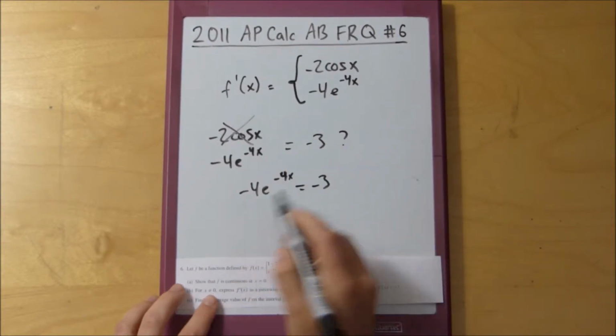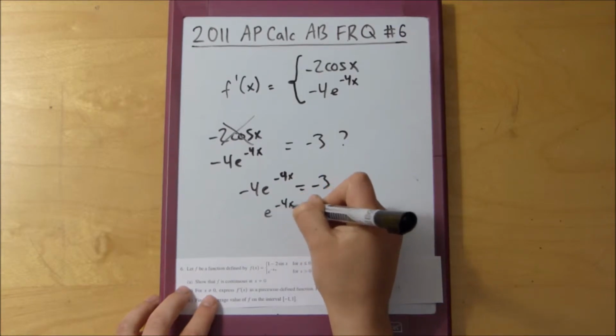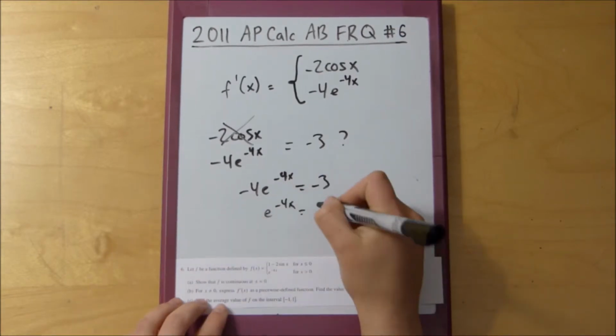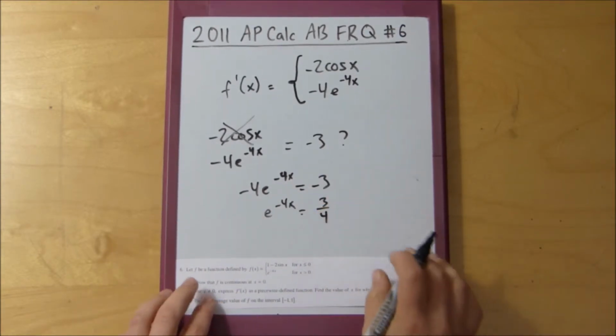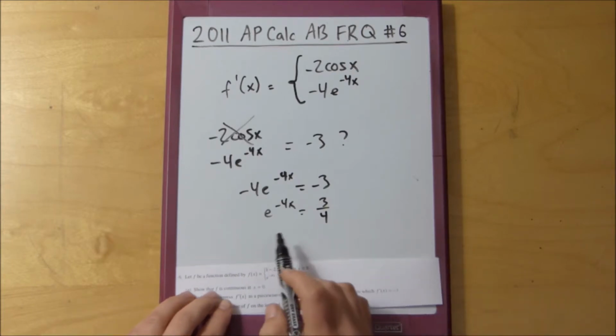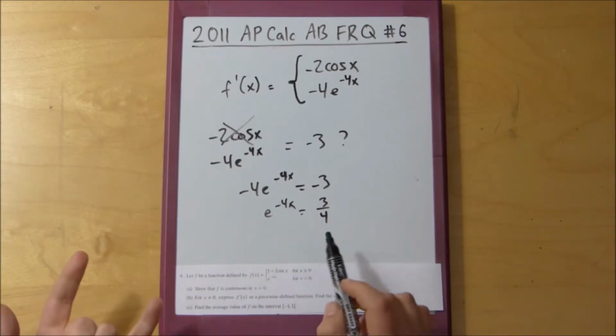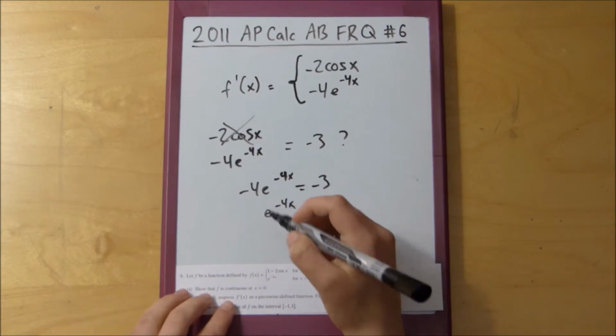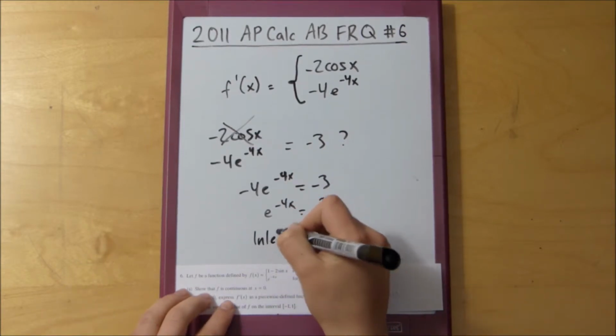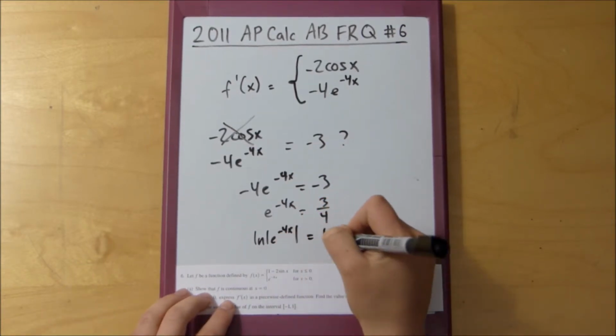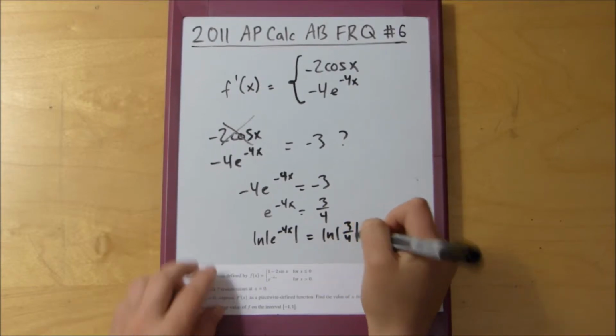We divide both sides by negative 4, so these two negatives cancel out, so we get 3/4, right? And then we can take ln of both sides to get rid of this e. So ln of e to the negative 4x equals ln of 3/4.